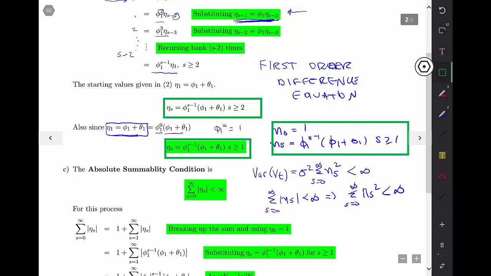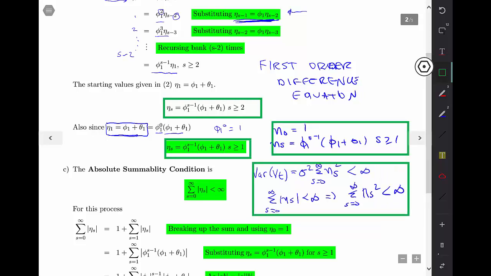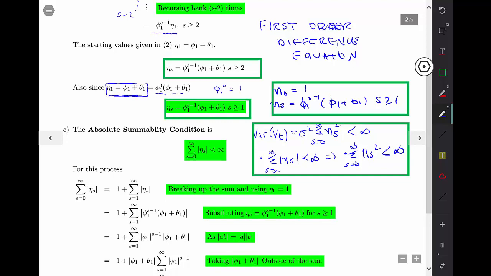We now want to see under what conditions on these coefficients it is stationary. We need to verify the squared summability condition such that this variance is finite. And because absolute summability implies squared summability, this will also give us a condition. So we're now going to see under what conditions on the model parameters this will hold.